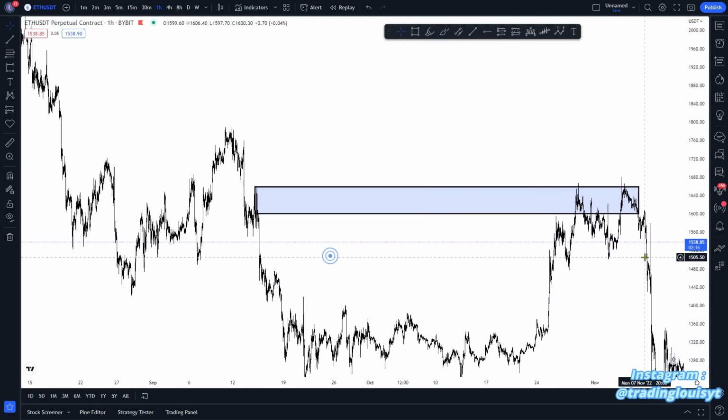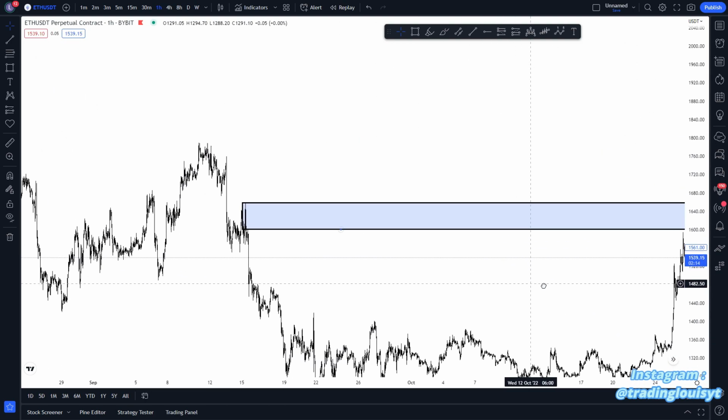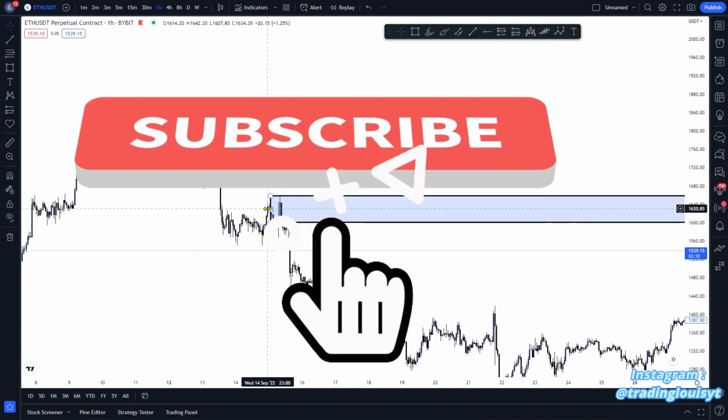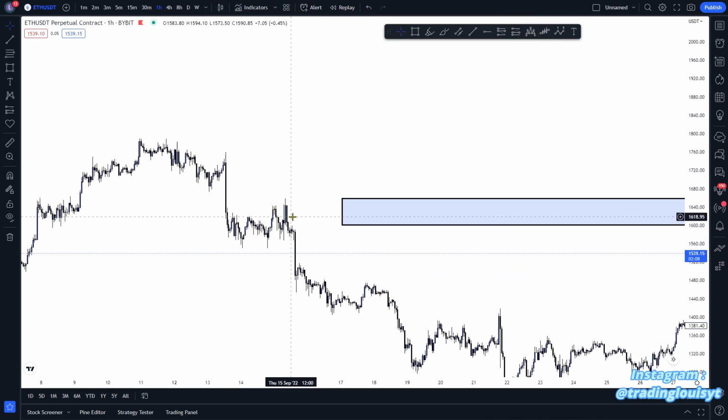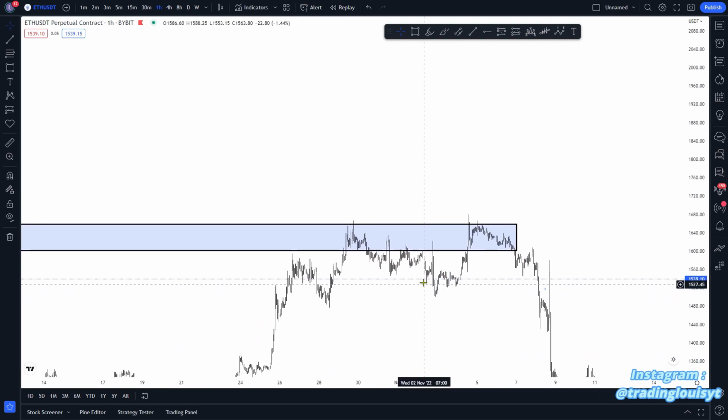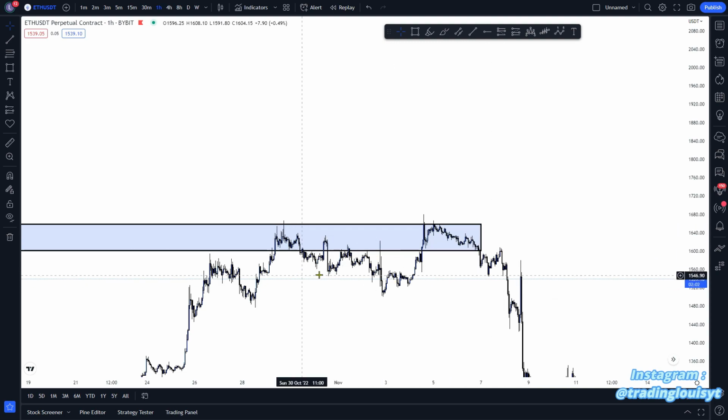So we'll look at one more example. Right here we have our order block. So we have our big move to the downside, and then what do we do? We draw a rectangle tool, drag it to the right, and as you can see, the price has hit our order block. It is failing to go up.